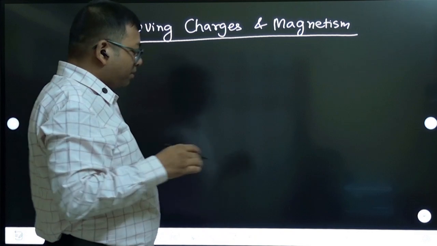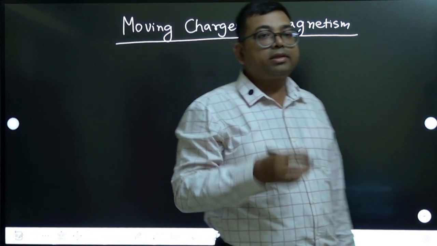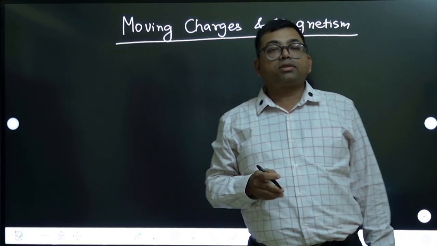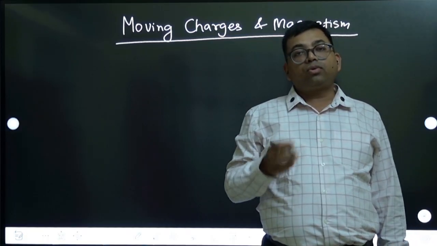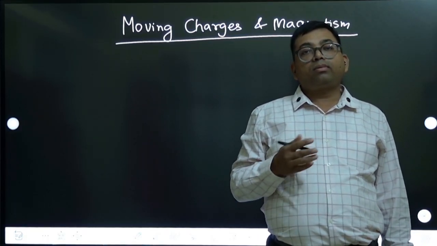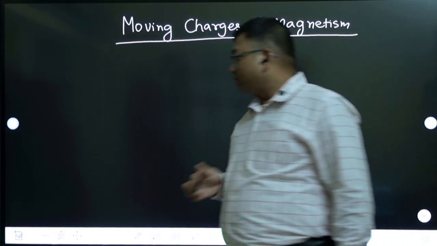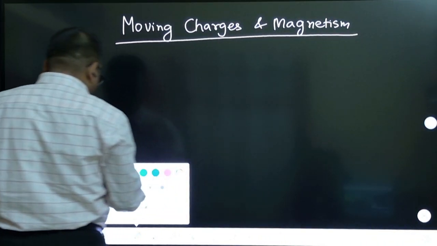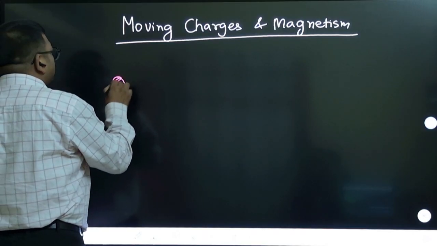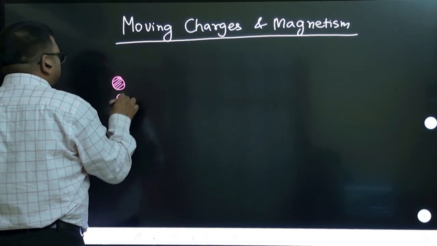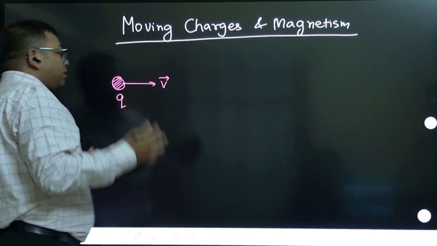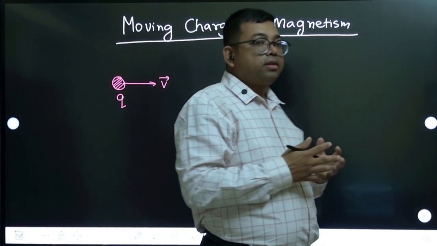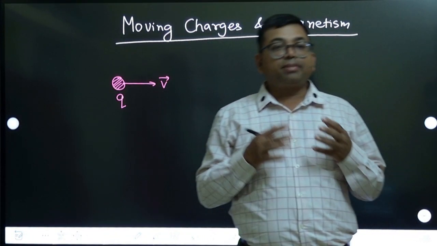So in this chapter, first we have to study about Lorentz force. Lorentz force is nothing but the force acting on a charged particle which is moving in an electric field or magnetic field. Suppose there is a charged particle, let us say q, and it has some velocity v, and in the space around it there is an electric field as well as a magnetic field.